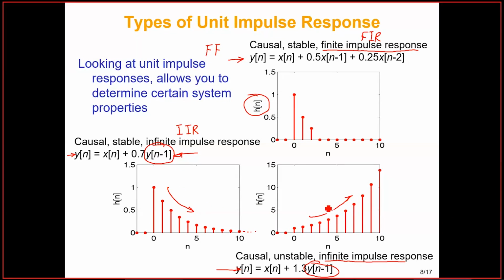So this is decaying, this is growing. And whether it decays or grows will depend on whatever coefficient you have here. But you will become an expert at seeing the equation and judging how it will respond by the time you finish your DSP. Right now, we are just introducing two categories, one FIR system, the other IIR system. And this IR that you see is basically the impulse response.